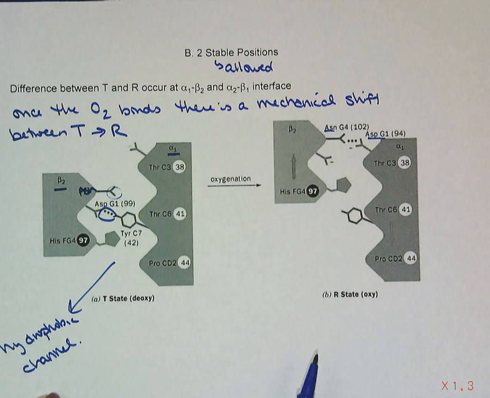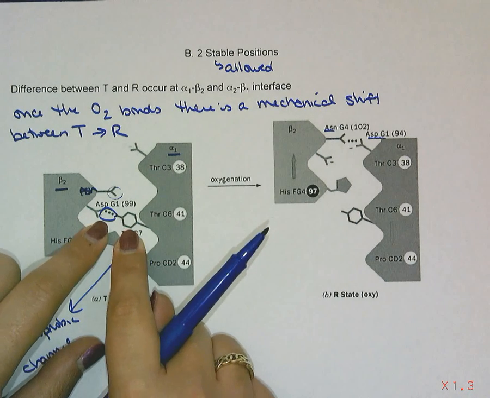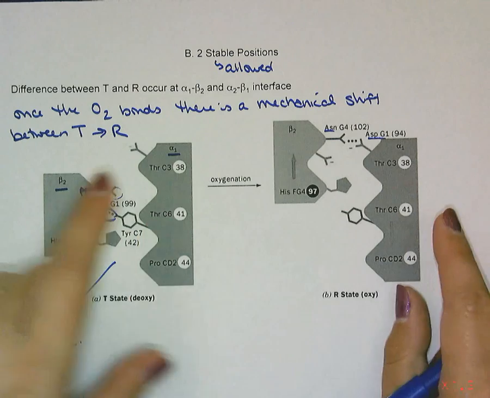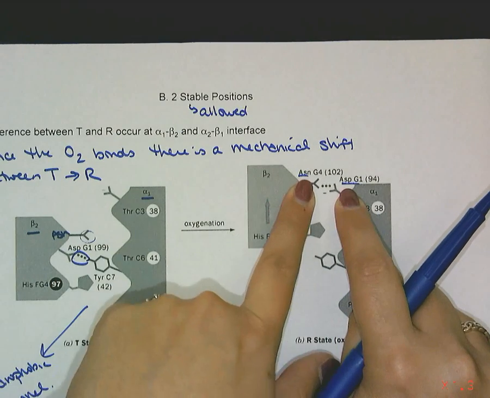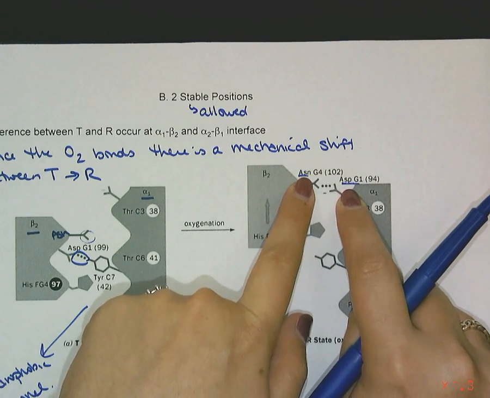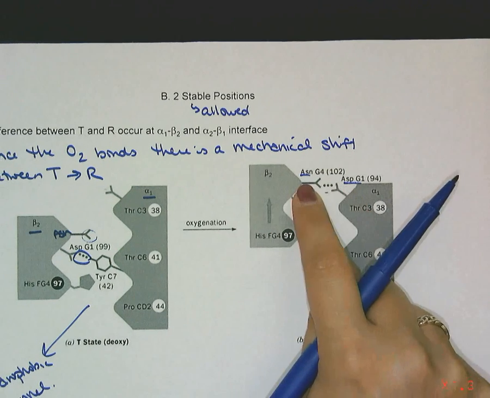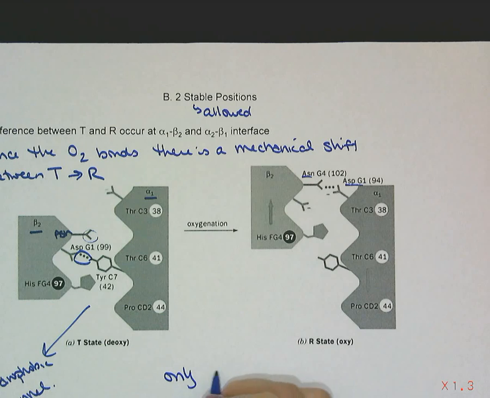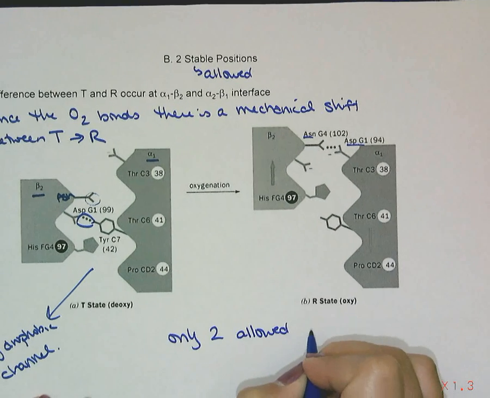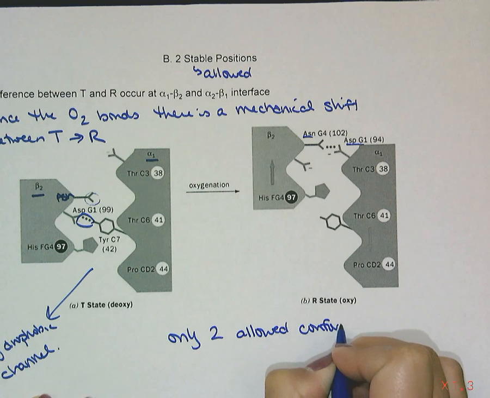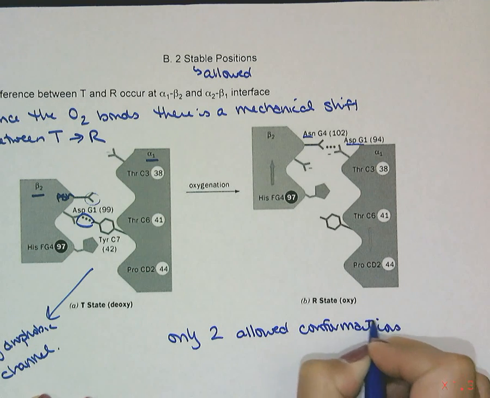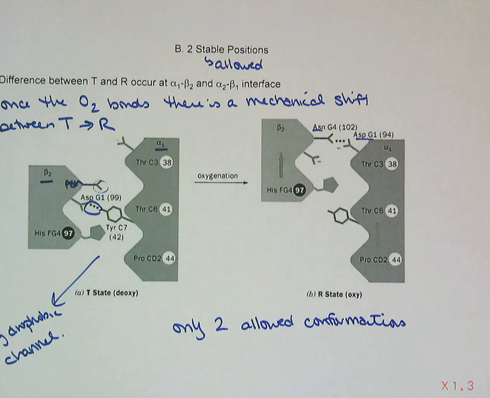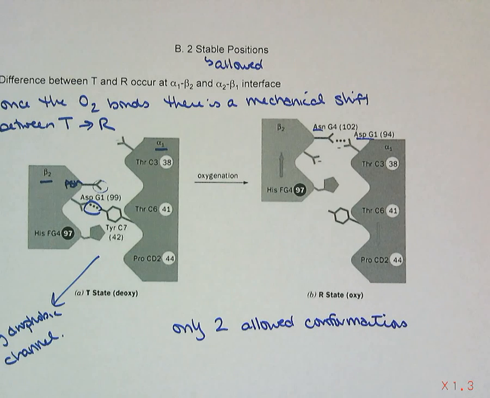So there are only two allowed positions: either here, a hydrogen bond between asparagine and threonine, or up here, between asparagine and up there. So these are the only two allowed conformations because of where the hydrogen bonding has to occur.